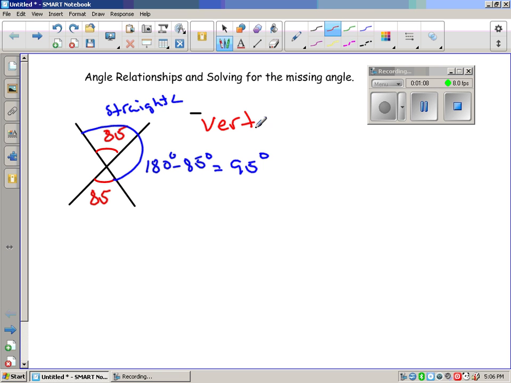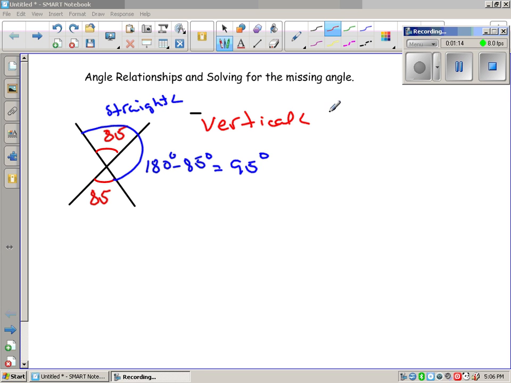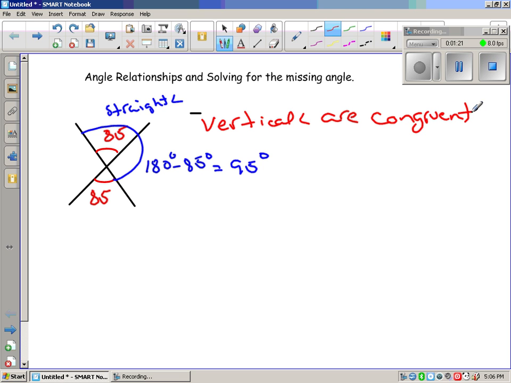So vertical angles are congruent, or exactly equal.